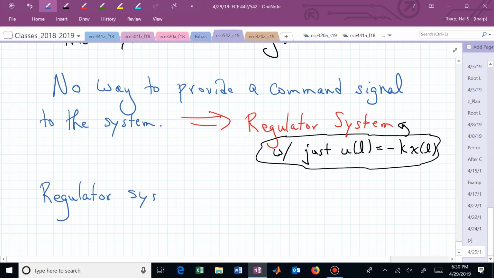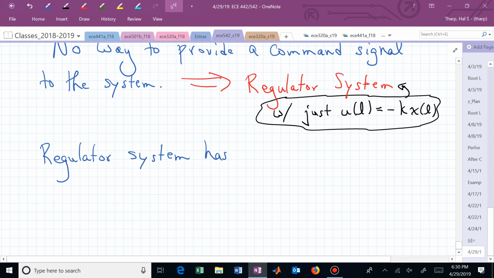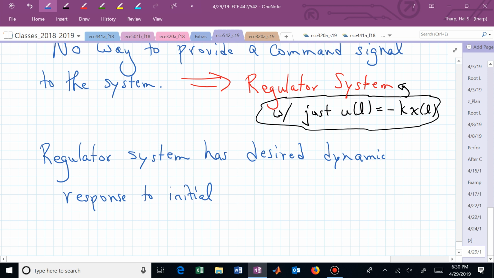The regulator system provides us with the desired dynamics, arbitrary movement or location of our closed loop poles. So the regulator system has a desired dynamic response to any given set of initial conditions.